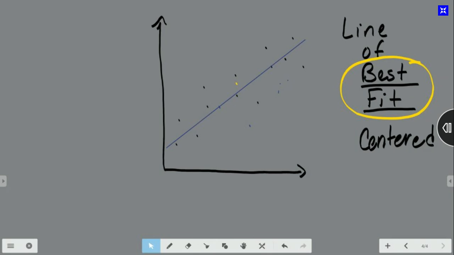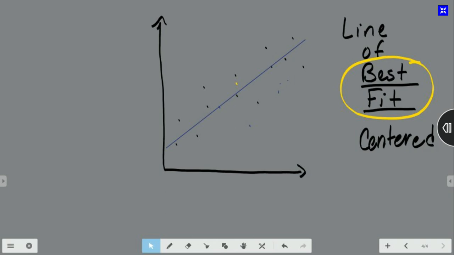All right, last thing I want to talk about on here is this line of best fit. Guys, there is no exact answer for line of best fit. Best fit, the best you can do. Now, you're not trying to touch points.